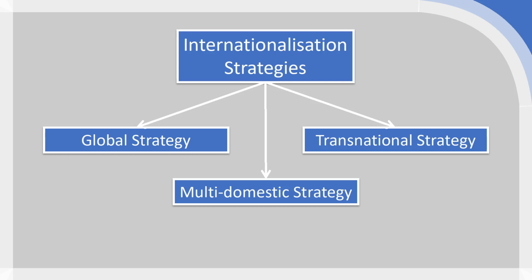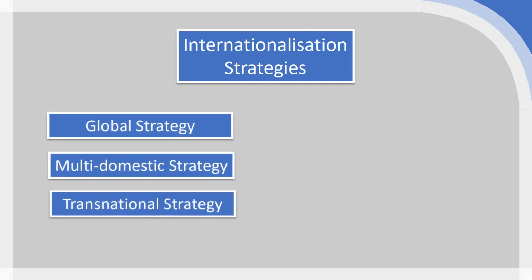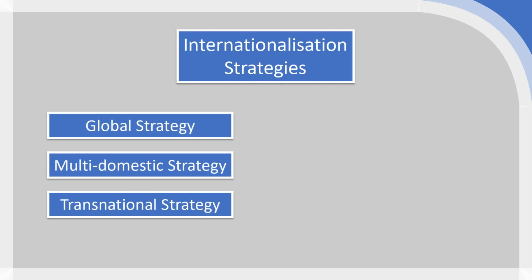Multi-domestic strategy is on the other end of the scale, where you're trying to maximize local responsiveness and agility, and a transnational strategy attempts to get the benefit of both wherever possible. So let's look at all three of these strategies term by term.